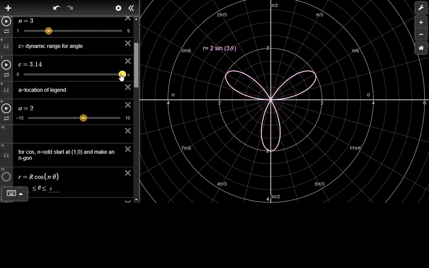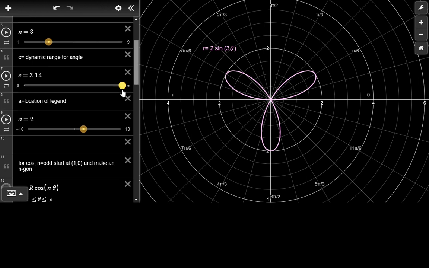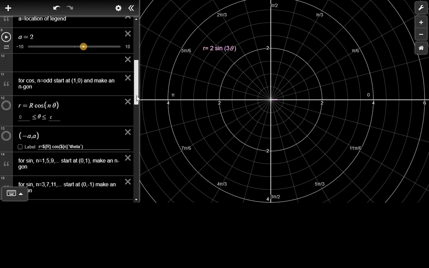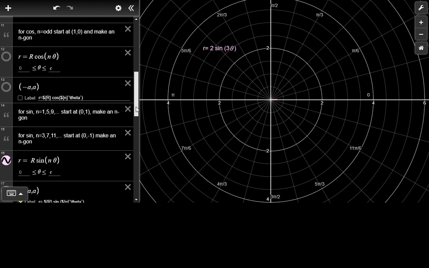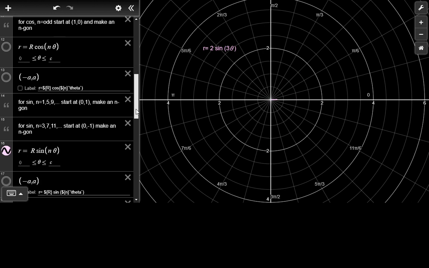Okay, so how about other examples? Let's do a bit of other cases as well. Let me go back up to angle 0, and so we did sine. How about cosine?